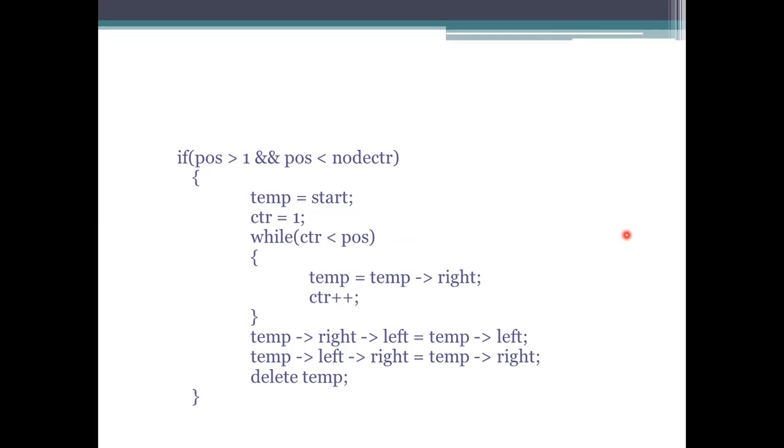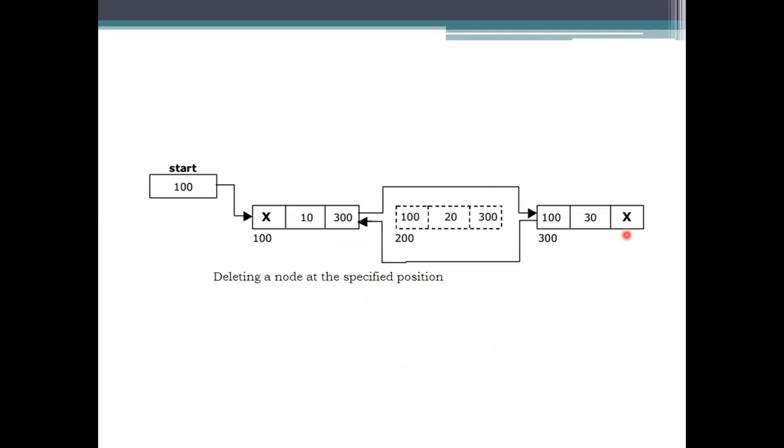First, take a temporary variable initialized with the start, and the counter you have taken as 1. If you take the value, we need to check the value representations there. Once we have reached this position, it is deleted. If we want to write the code, we can specify delete after this position, or delete after that position.